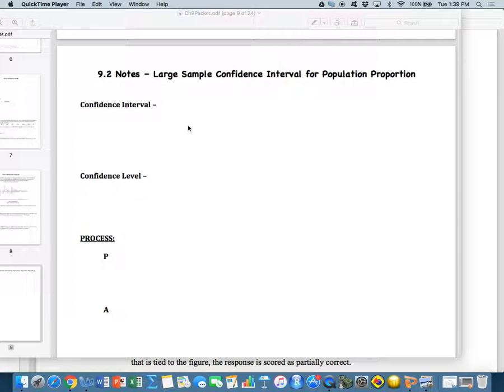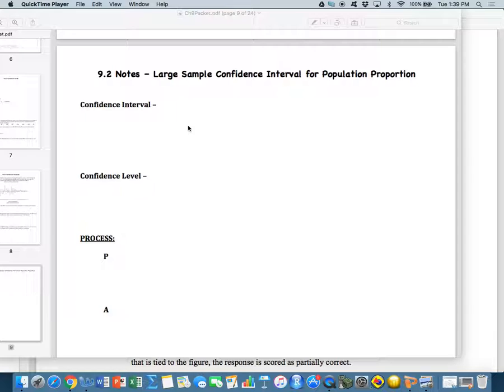Okay, a confidence level is reported as a percent between 0 and 100. Most of the time it's going to be 80% or above. And it specifically speaks to your confidence in the process. That's very important.